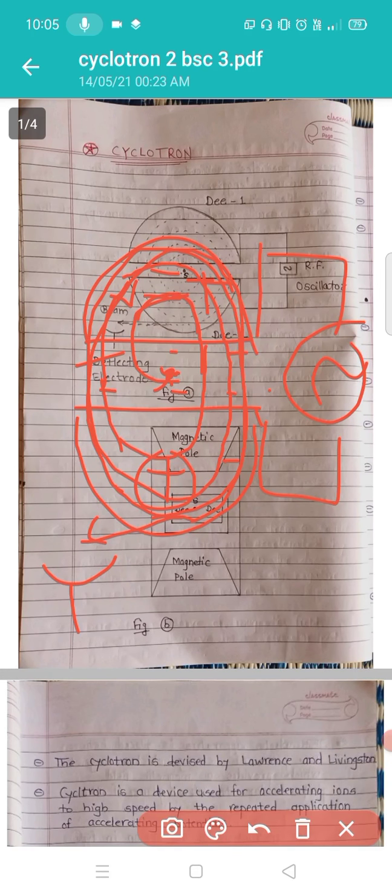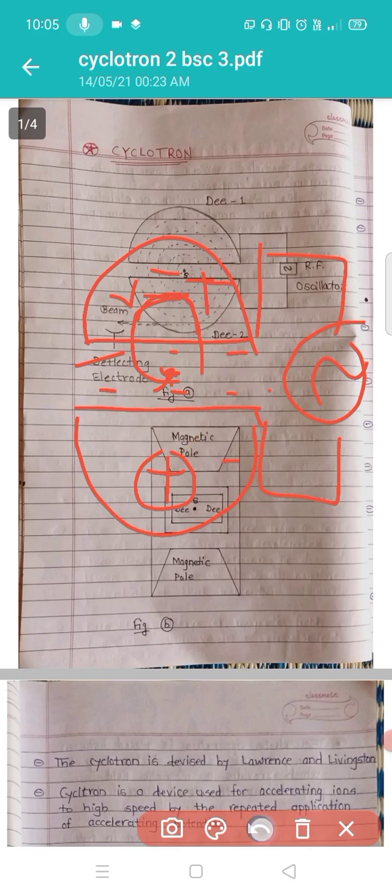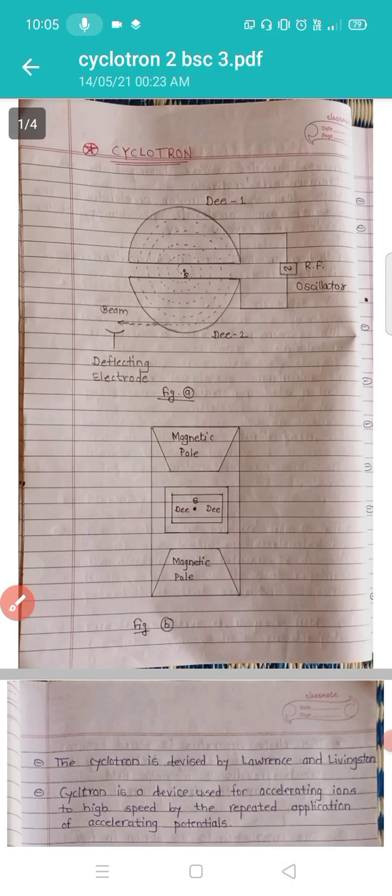This is the working of the cyclotron. See in the figure, when the particle is born, its velocity is 0. When it enters the D, its velocity becomes v, and it is constant because a magnetic field cannot change speed. The oscillator will change the polarity.